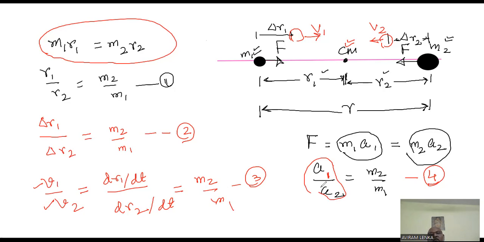Nobody from outside compels them to move. So the center of mass will be remaining at rest, and the masses will be moving in such a way that the ratio of their displacements, the ratio of their velocities, and the ratio of their accelerations is m2 by m1 in every case.